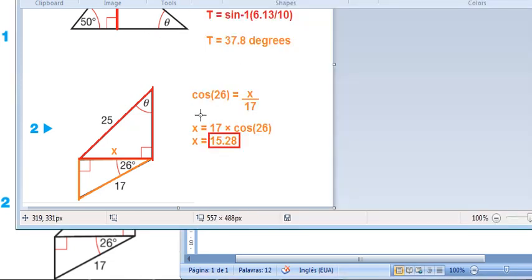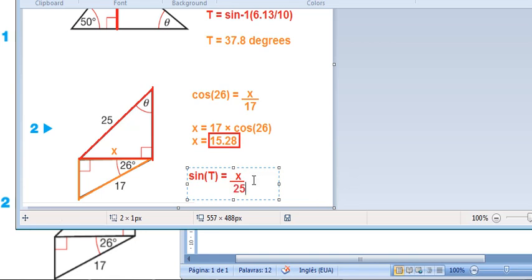Let me create this here. The sine of theta is going to be equal to the opposite side x, divided by the hypotenuse. The hypotenuse here is 25.